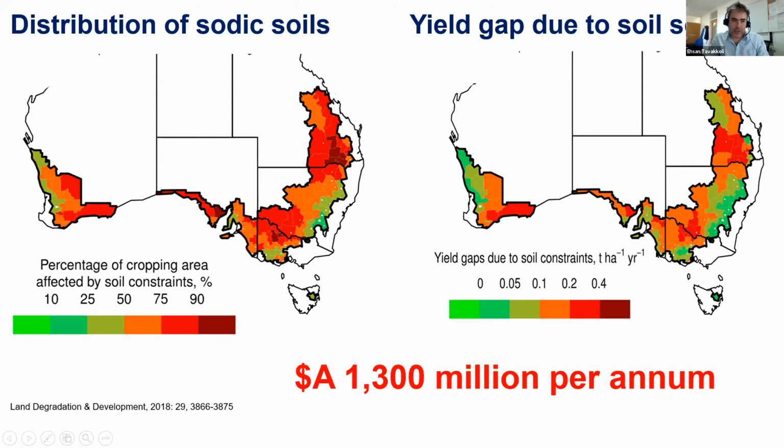So if I add all those values based on the recent study, every year we are losing about $1,300 million per annum just because of the sodicity issue in Australia across the whole northern, southern, and western region. So it's a significant figure in our yield gap. This is the potential that we can achieve, and we don't achieve it because sodicity is there.